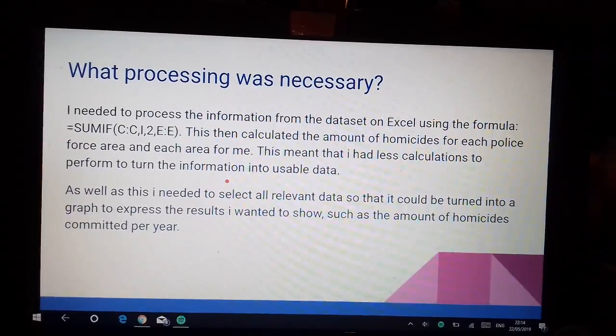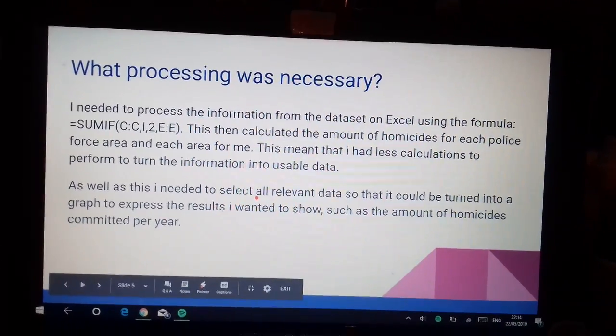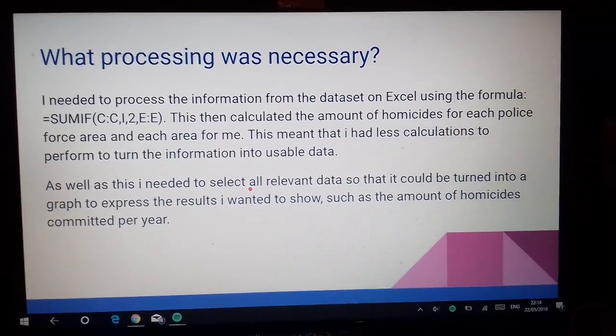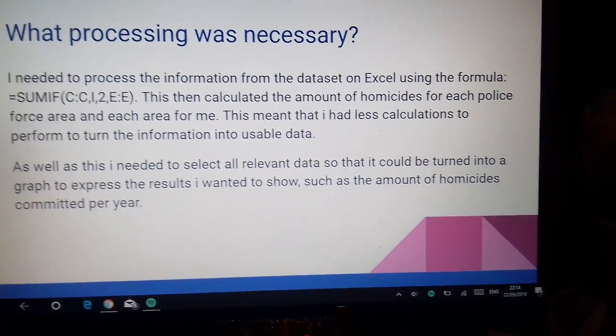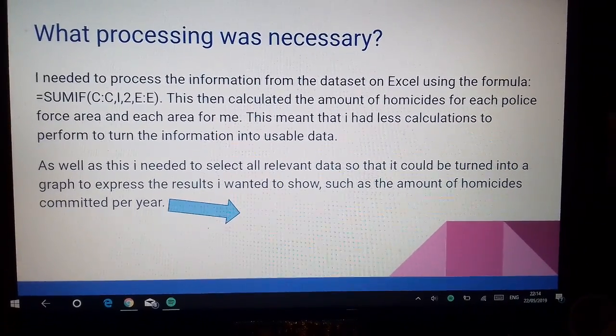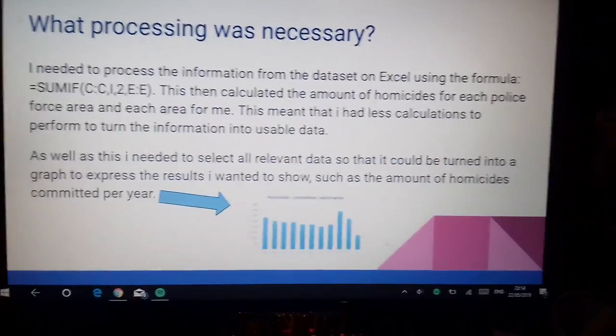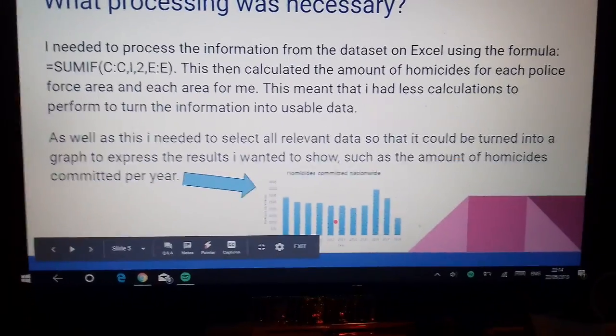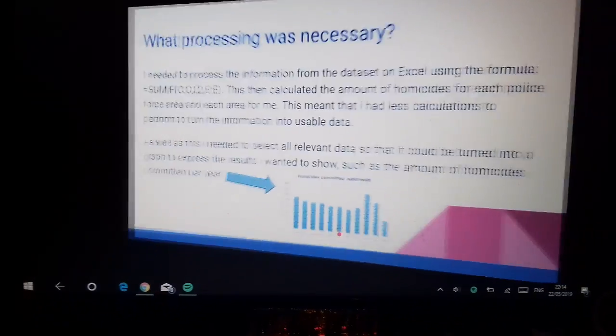I selected all of the relevant data which would help me answer the question, so I could find out the relevant information. Such as this graph here, which is the amount of homicides committed year on year.